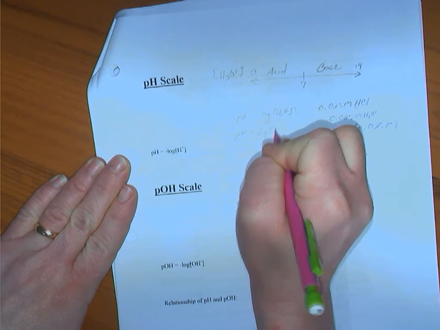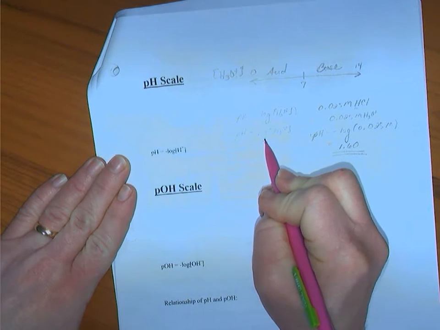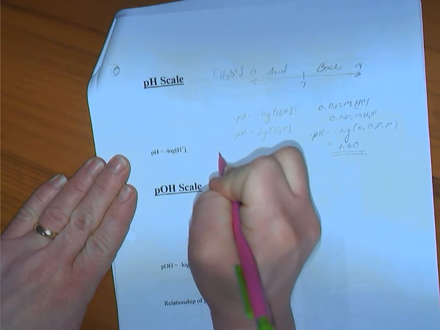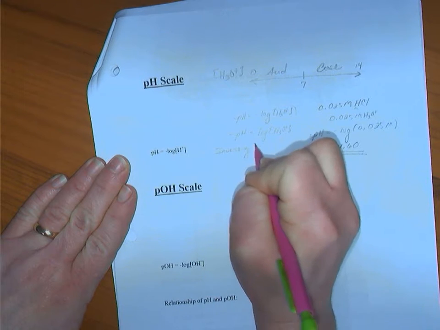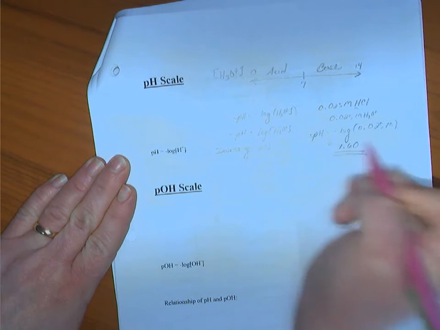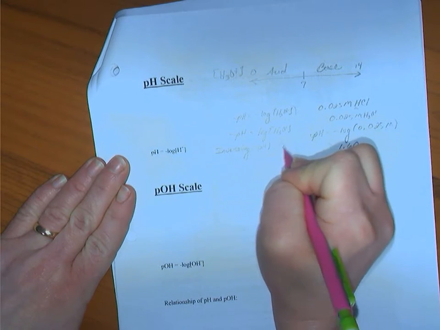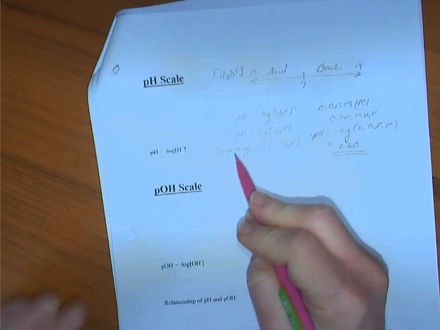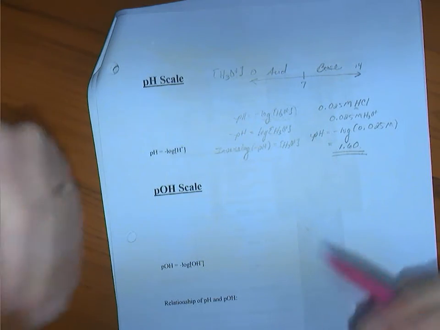And then to undo a logarithm, we would take the inverse log or the anti-log of both sides. More commonly your math teachers call it the inverse log, or maybe 10 to the x, where x is your negative pH. Now, whenever we perform a logarithm, we increase sig figs by 1. So if we're undoing a logarithm, we would decrease our sig figs by 1.